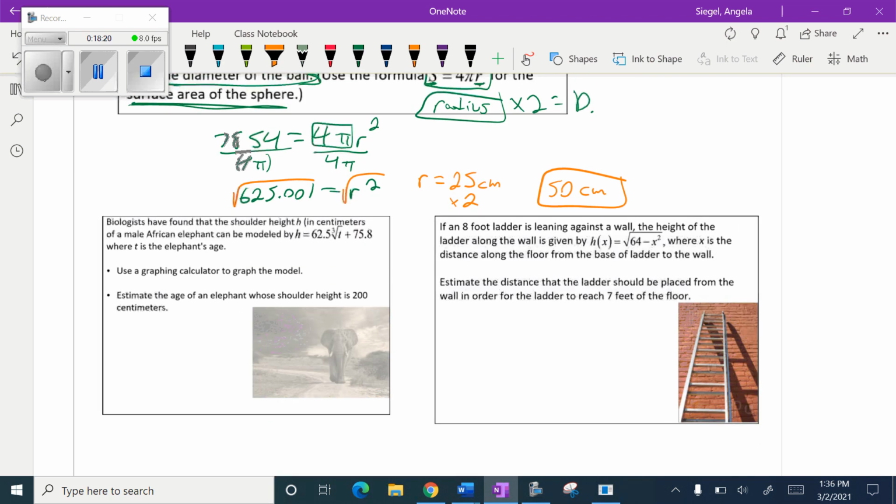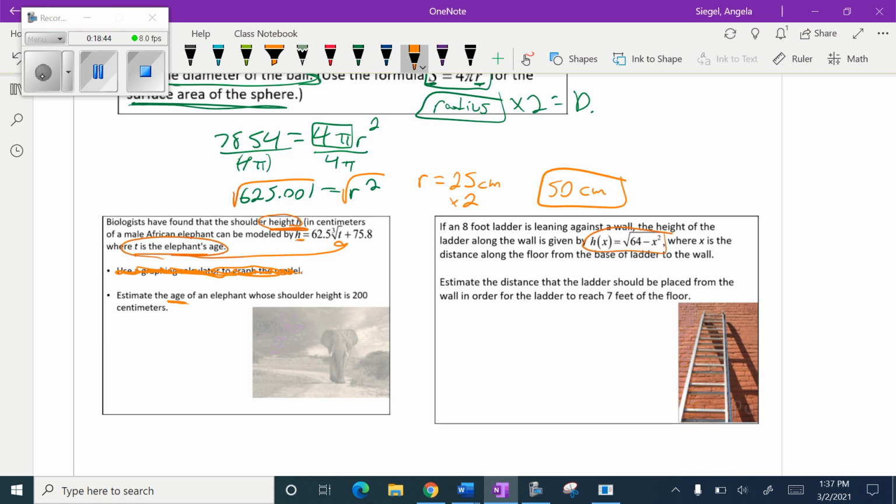Okay, we have got 2 more. Notice that both of these have the equation. So I'm trying to figure out, okay, what is H, what is T? Okay, I found out that H is the height, and T is actually the elephant's age. We're not going to worry about using a graphing calculator right now. It says estimate the age.